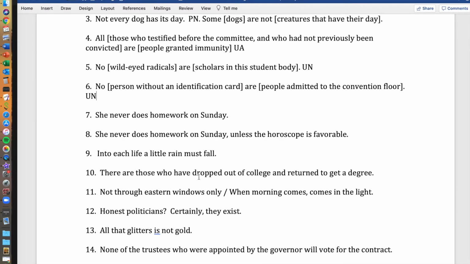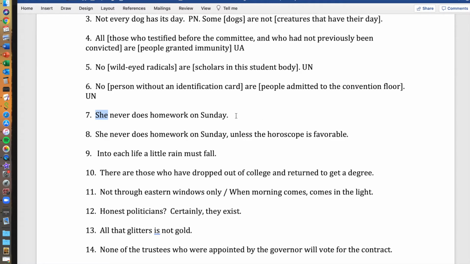Number 7, so here's a trickier one. She never does homework on Sunday. And this is tricky because your instinct at first is to say, okay, she must be the subject term because she is the subject of the sentence, but it doesn't mean it's the subject term of the logical statement.